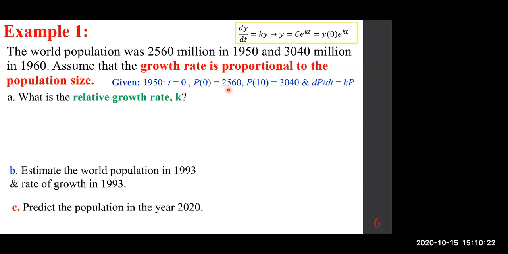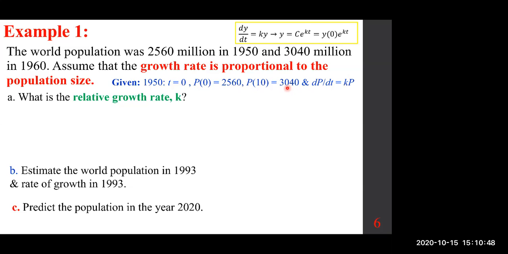Then in 1960, that means 10 years later. That's why we're going to call it P of 10. When a question like this is given, the assumption is the beginning is whatever they have given us. In this case, the beginning is assumed to be 1950. So t equals 0, P of 0 is 2560. And then P of 10, why 10? Because 1960 minus 1950 gives us 10, is 3040.